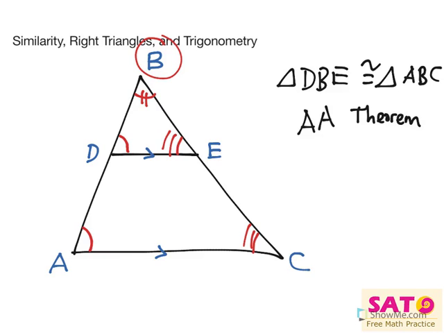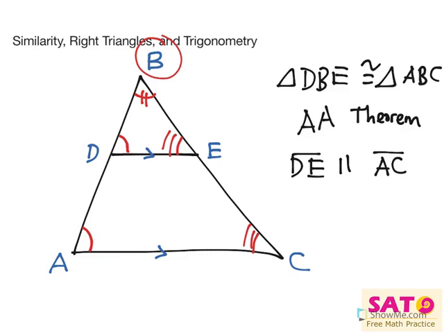And because of that, we can find the proportions of these two triangles. A theorem we can use here is: if side DE is parallel to side AC, which is what we're given in the beginning, then a line parallel to one side of a triangle divides the other two sides proportionally.